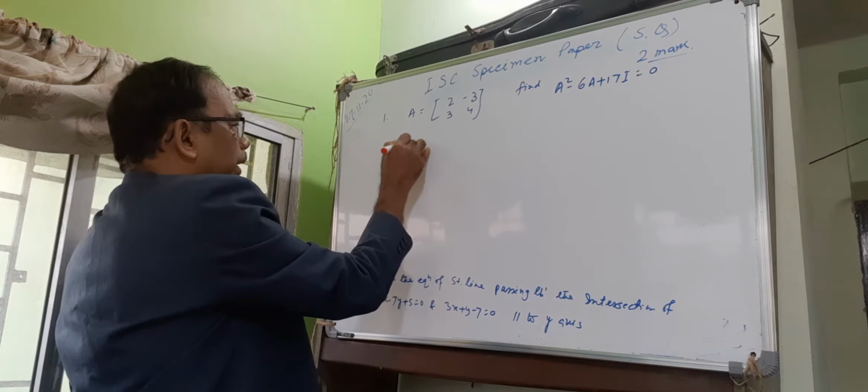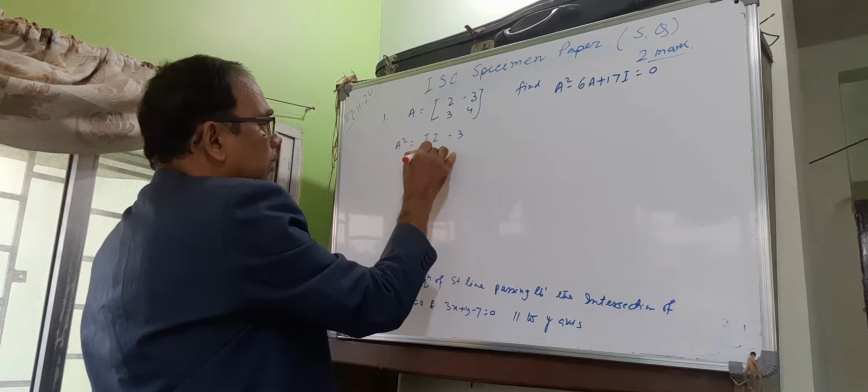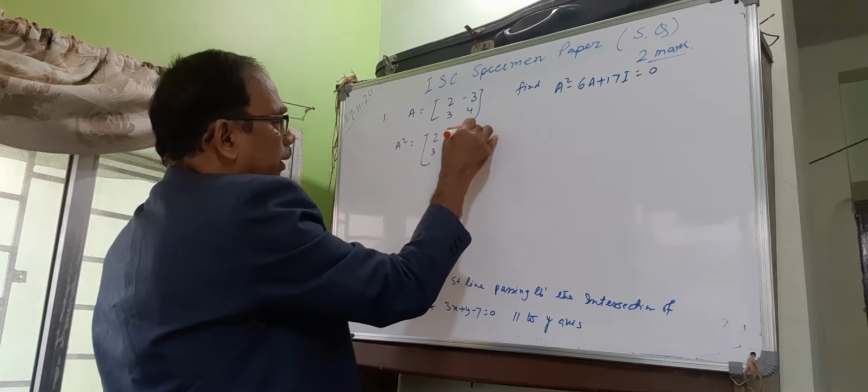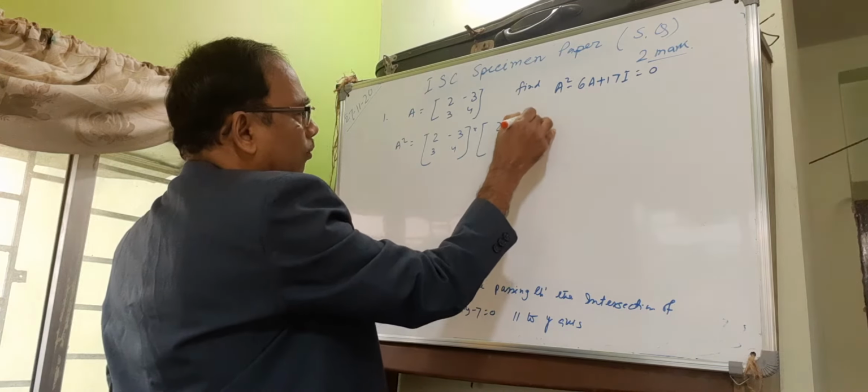What is A square? A square is this into this, [2 -3; 3 4] into [2 -3; 3 4].